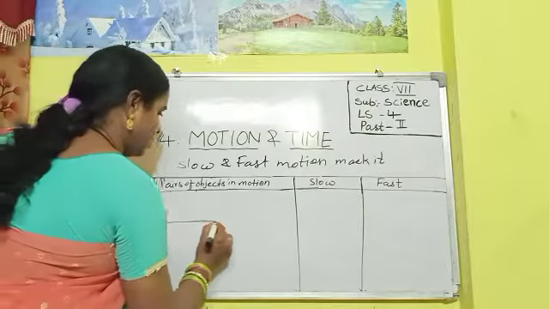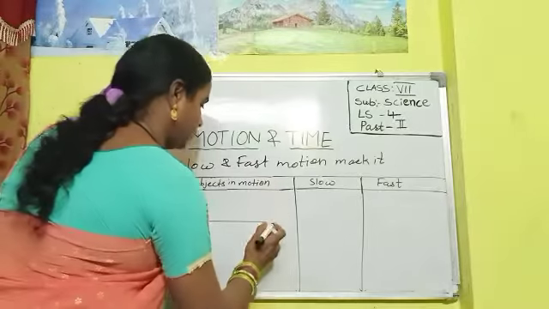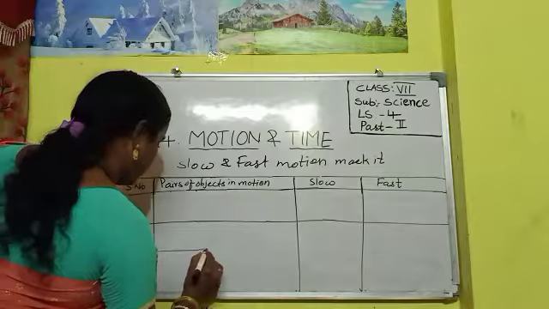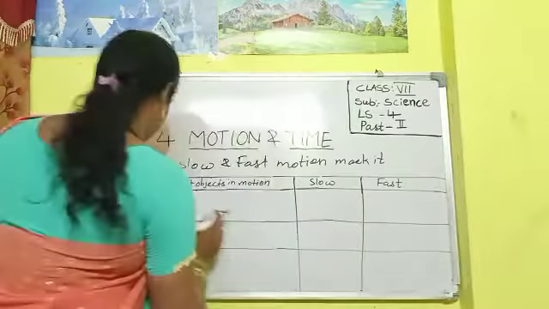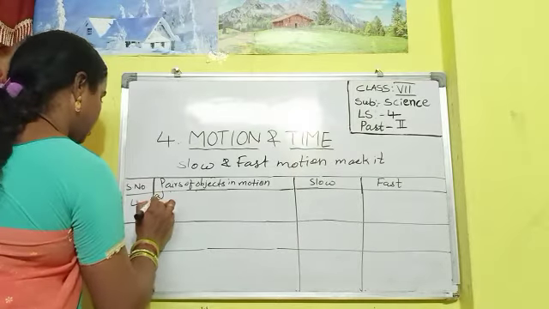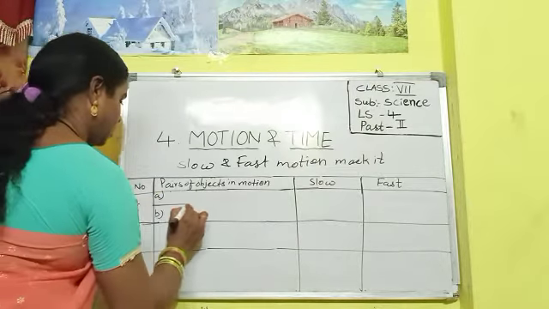Okay. Here we will write 4. Here 5 and 6. Okay. 4 A and B.